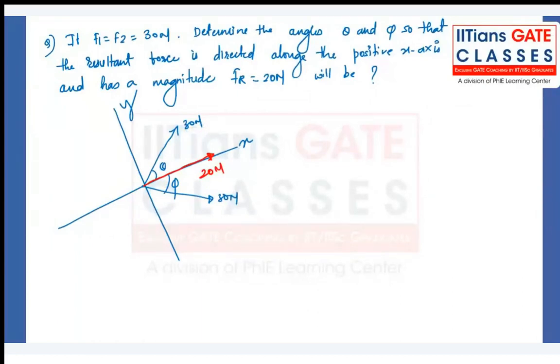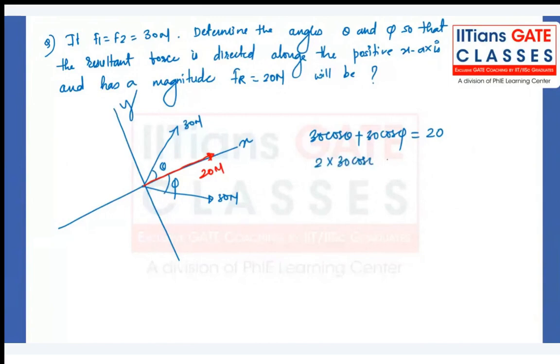So if you take the component of this 30 Newton about the x-axis, it will be 30 cos of theta plus 30 cos of phi, and that is equal to 20. But as I said, theta is equal to phi, so we can write it as 2 times 30 cos of theta equal to 20.